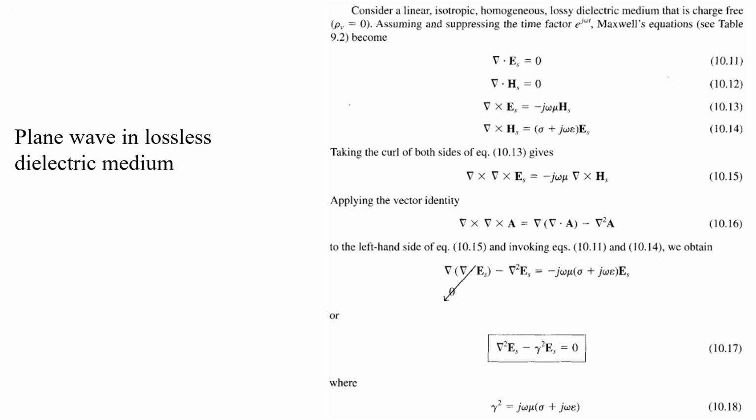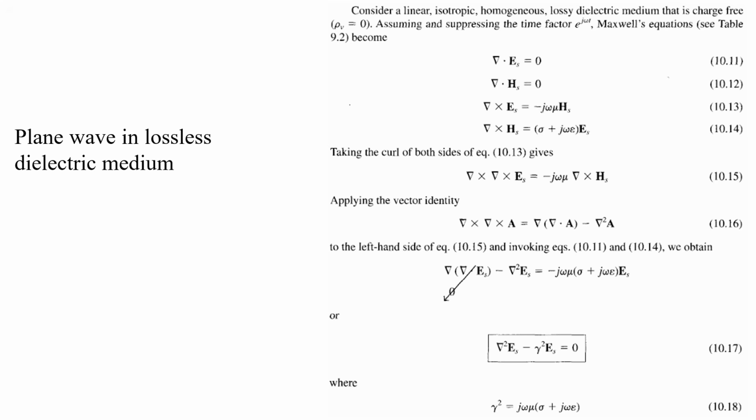Then divergence of H, that is the magnetic field, is equal to 0 because a single pole cannot exist. And then curl of the electric field is minus j omega mu H, and curl of H is equal to sigma plus j omega epsilon E. Yes, so these are the four general Maxwell equations, very simple.